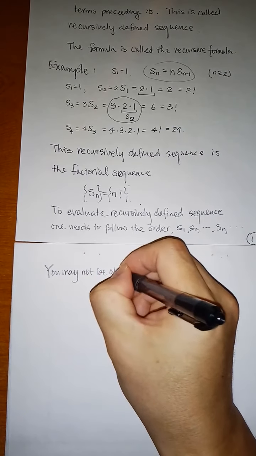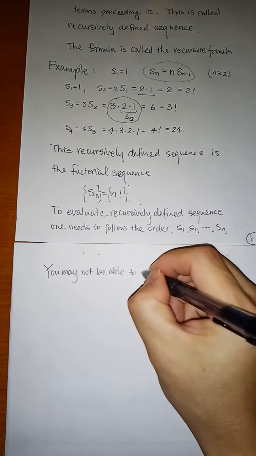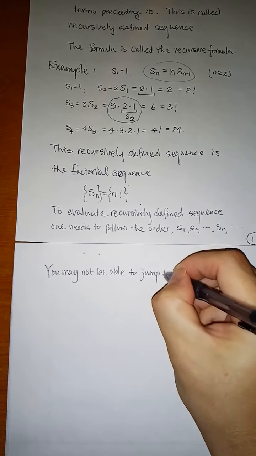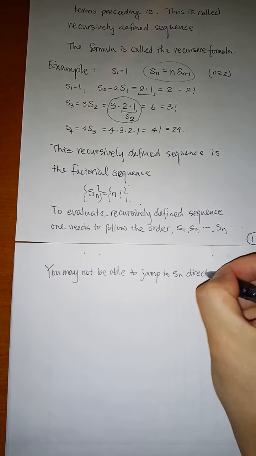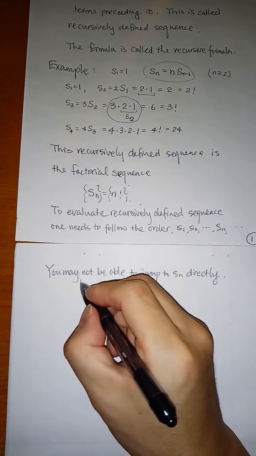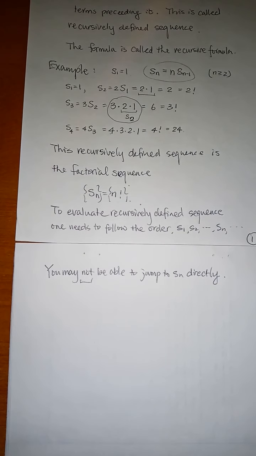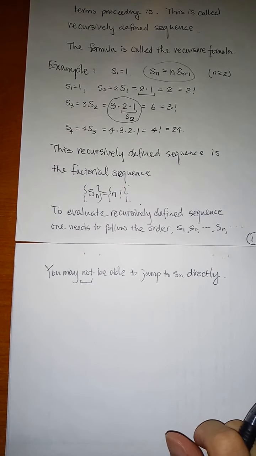You may not be able to jump to Sn directly. You have to go step by step. And after a few examples or computations, you possibly can guess the general term. But before that, there's no way to get the general term directly. Okay?